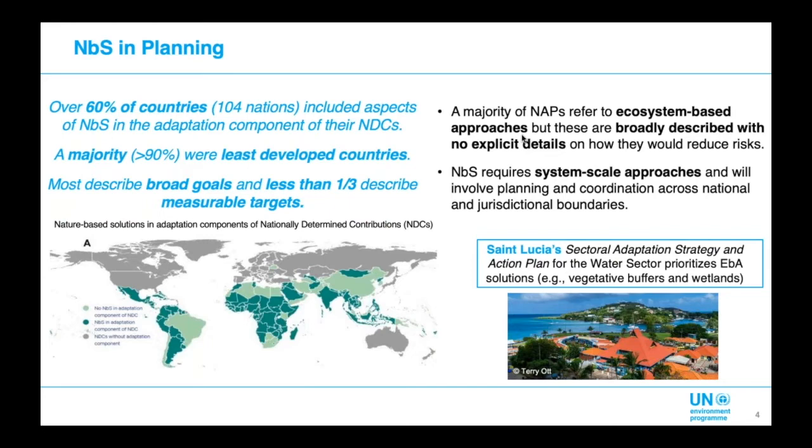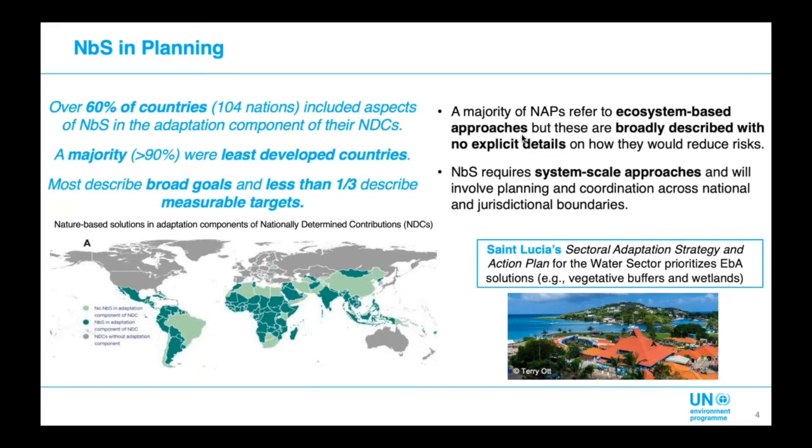This map here, you can see in dark green the countries that have these NBS elements in their adaptation sections of their NDCs. Similar story with national adaptation plans. They also refer to ecosystem-based adaptation approaches, but these are also mostly broadly described.